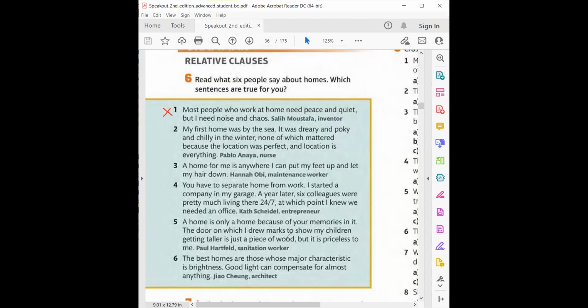When they say chill, it's like calm, relax. So it means cold. If you say it's chilly, it feels cold, like chilly in the winter. So none of which mattered because the location was perfect and location is everything.